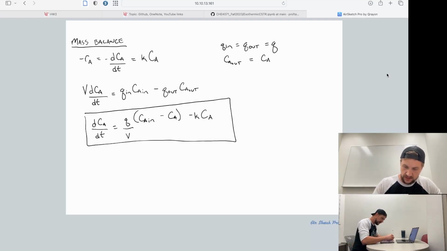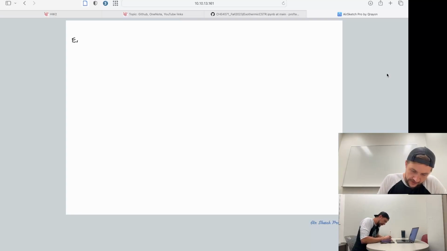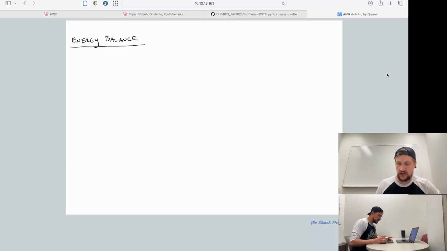And so then let's go ahead and shift now to our energy balance equation and ask the question, how is temperature changing with respect to time? The rate at which energy is changing in our system, how much energy is there in our system?